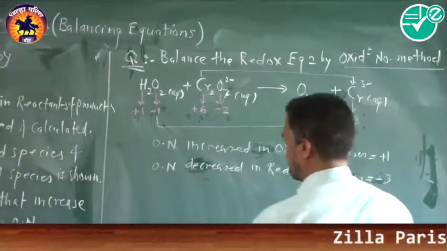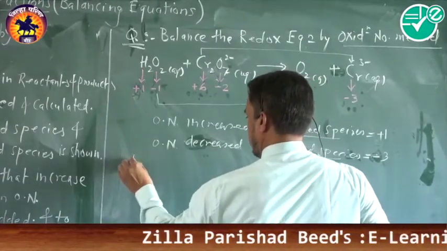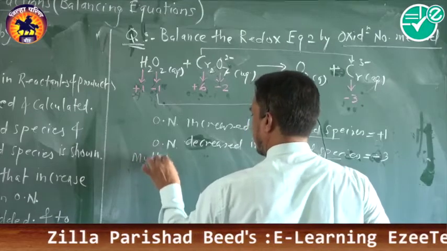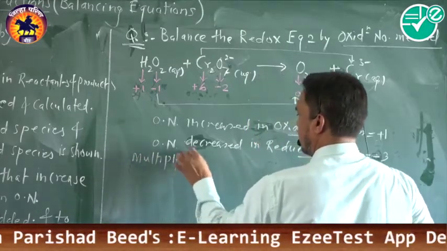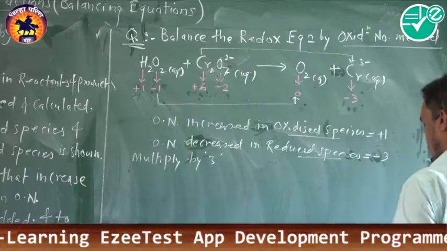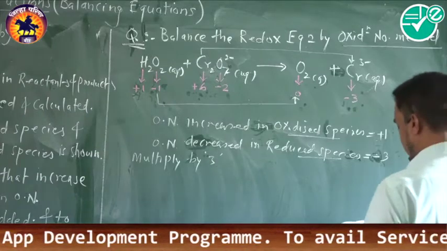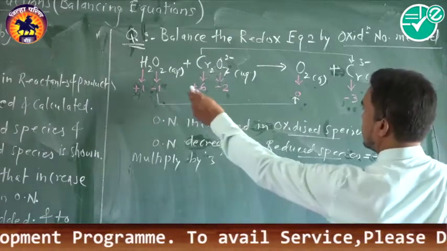Therefore in this case we multiply by 3, the coefficient, for the species where it will be the same.